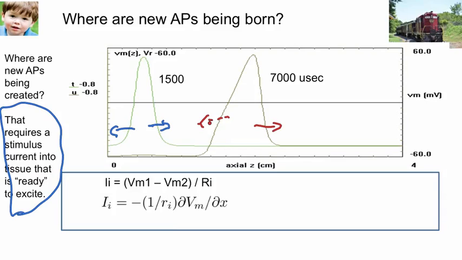As you know from the earlier segments, you have to have a delay there of about 10 milliseconds or so before the tissue is again ready to be excited. It just hasn't been that long.